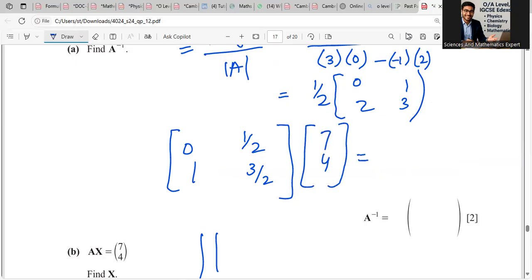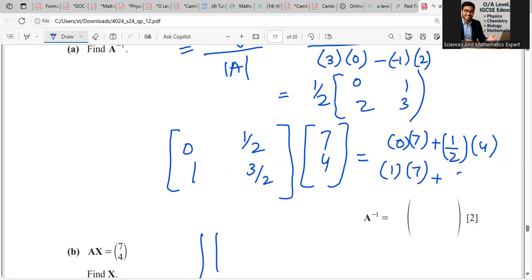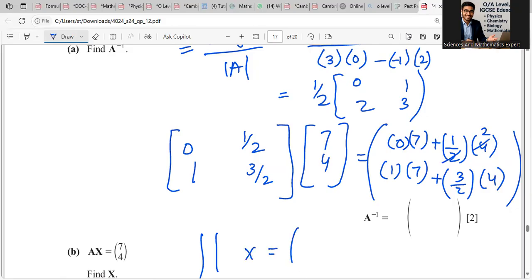Then I will get here 0 into 7 plus 1 by 2 into 4. After that, 1 into 7 plus 3 by 2 into 4. So just by simplifying this, 2 to the 4, so I can write my answer as x is equal to 2. And for this one, I will say 2 to the 4, 2 3 the 6 plus 7.